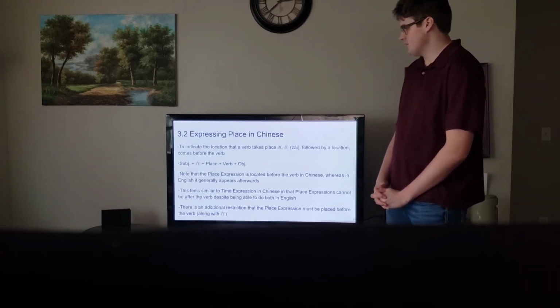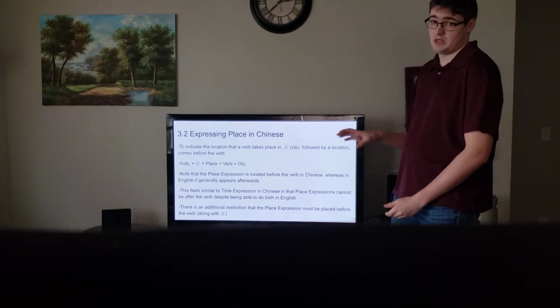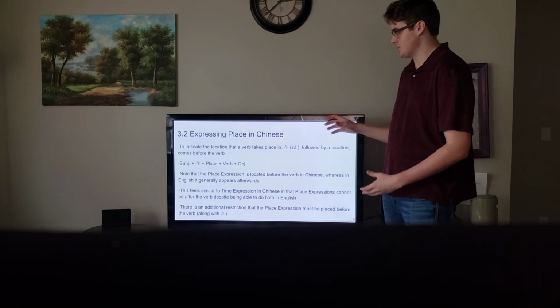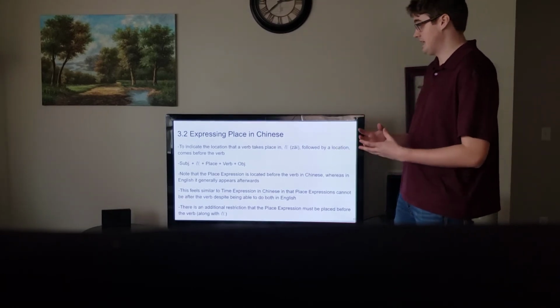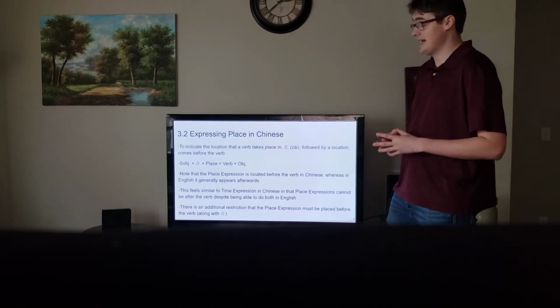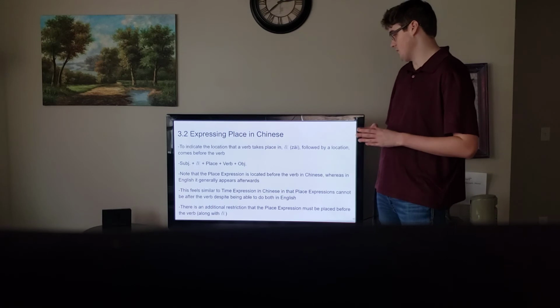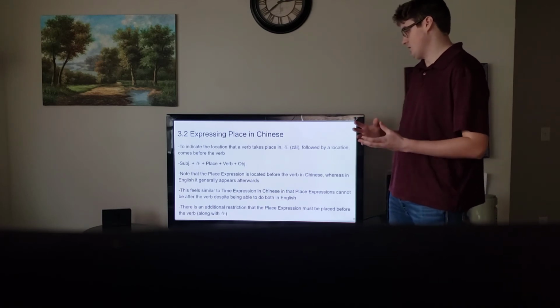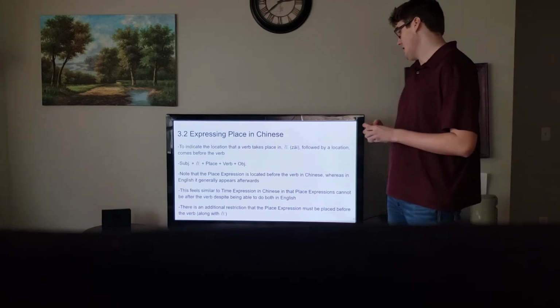When I initially first looked at the subject zai, place, verb, object, I initially thought that place was connected through zai to the subject. However, I realized afterward that zai and the place expression must actually come before the verb, and that is how the grammar is constructed in Mandarin Chinese.